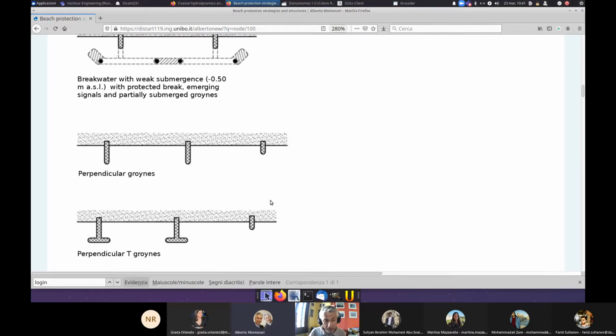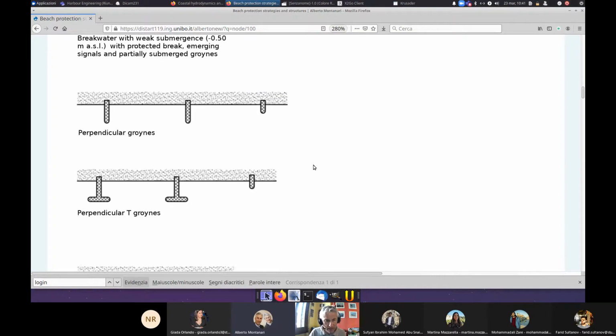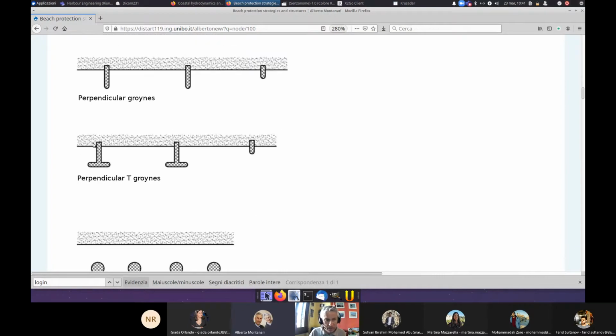The next one is perpendicular groins, and you see here a displacement with different lengths of the groins. And in this case, we have, again, perpendicular T groins. There is written perpendicular here because the groins may also be inclined at an angle in order to better contrast the main wave direction.